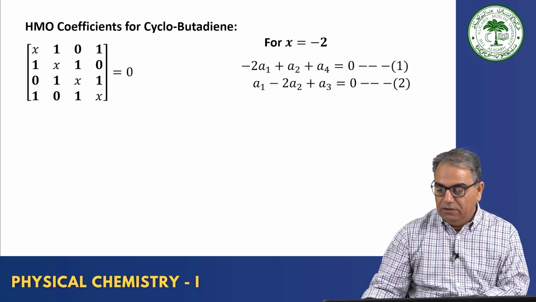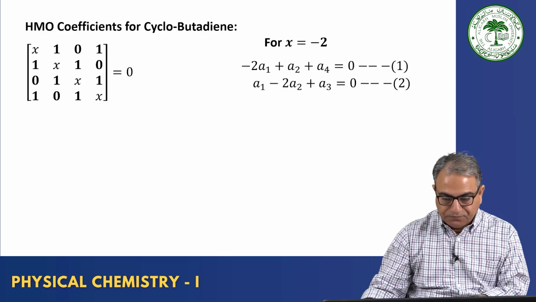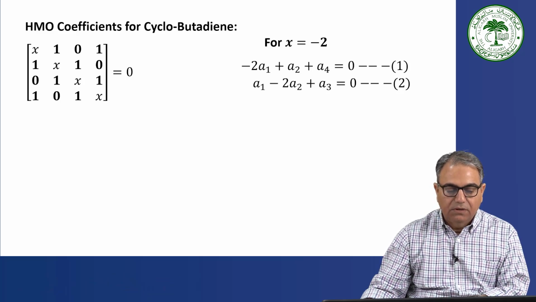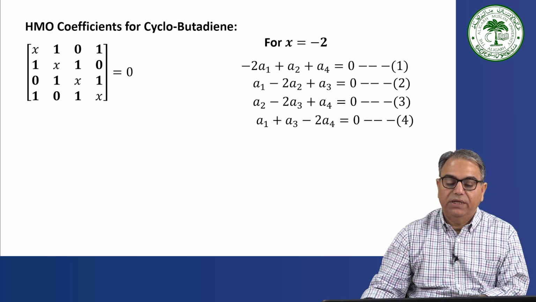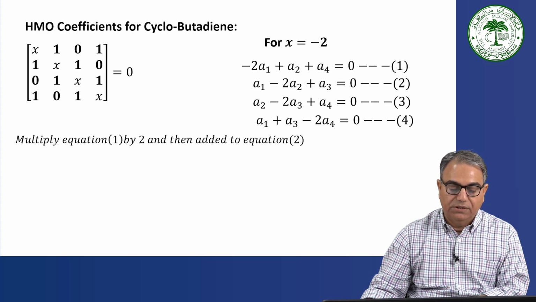So this is the second equation. Then you have the third equation, that is A2 minus 2A3 plus A4 is equal to 0, and the fourth equation will be A1 plus A3 minus 2A4 is equal to 0. For x is equal to -2, you have these simultaneous equations written from the coefficients.